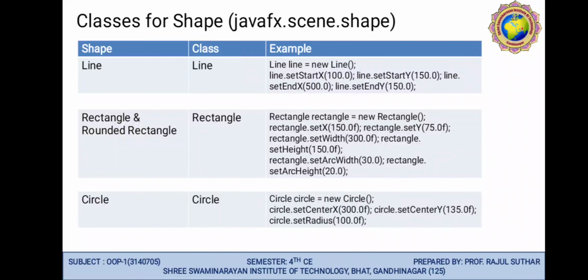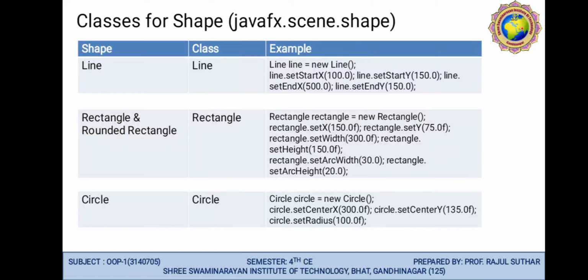We can create a circle this way, a Circle object, and for a circle we require the center point. Here the x coordinate represents the center point, 300, and the y coordinate we also require to draw the circle. One of the most important parameters is the radius.